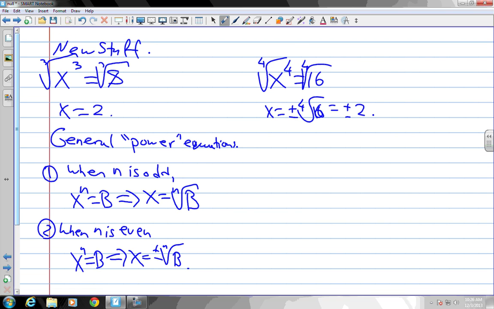So the rest is the same as with extracting the square root. The only big thing here is just remember if it's an odd power, when you take that root, you don't need plus or minus. When the power is even, you're going to need plus or minus. And again, one of the reasons is the way the absolute value works.